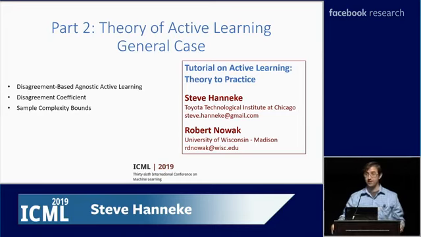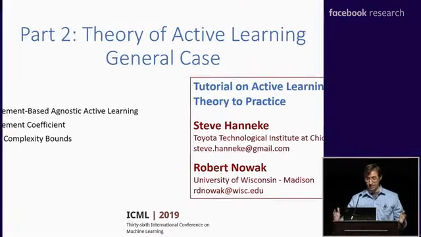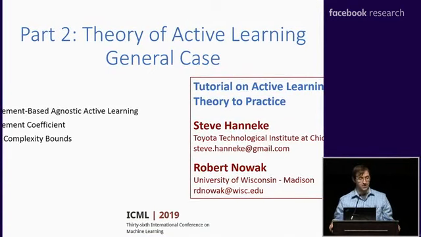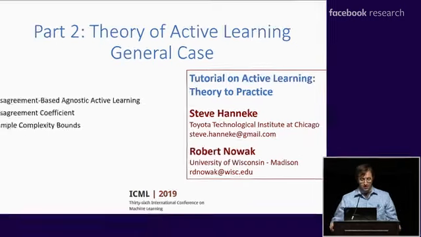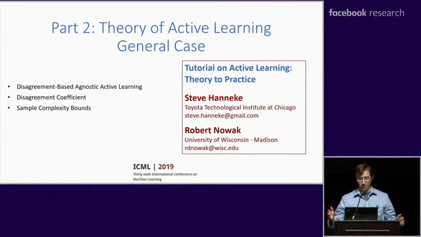What I'm going to be talking about in the second part here is indeed a general theory of active learning in more detail: general descriptions of algorithms and descriptions of the number of labels that are sufficient to achieve guarantees on the error rate expressed in terms of complexity measures.